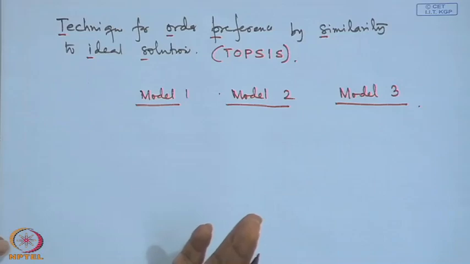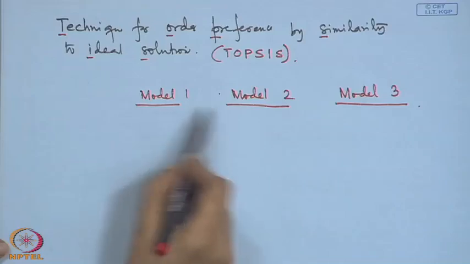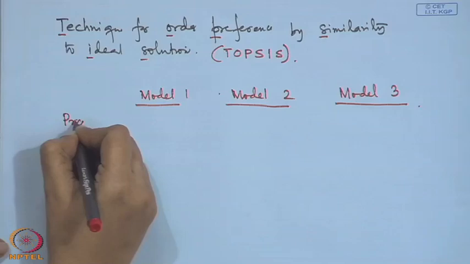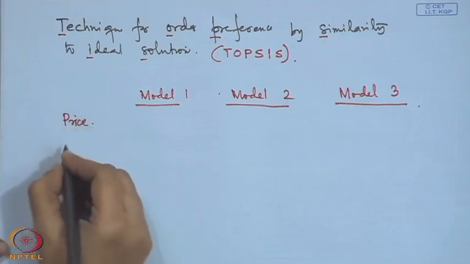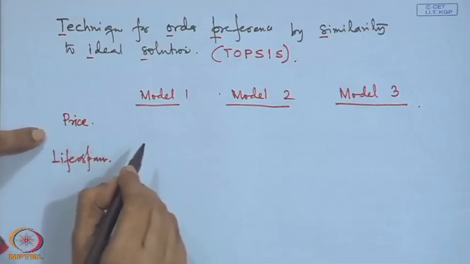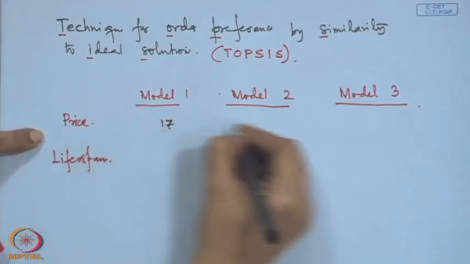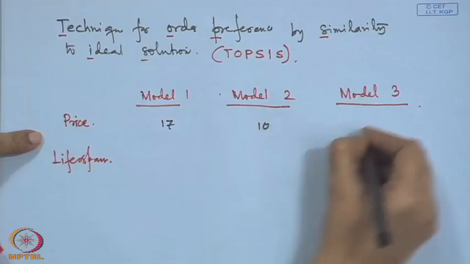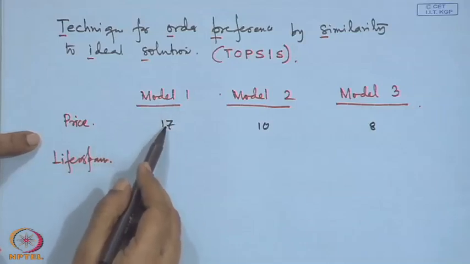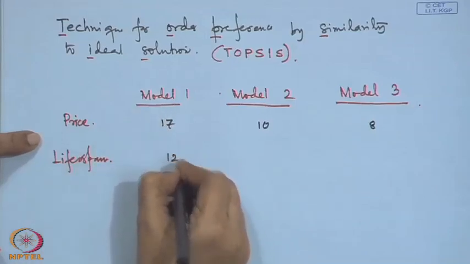We want to buy, say, an electronic instrument, and we have 3 alternative models in front of us, and depending on two criteria, we want to decide which model is preferable to me. Price has been calculated in rupees, say it is 17 units for model 1, model 2 is 10 units and model 3 is 8 units. But since the price of model 1 is very high, the lifespan is also very high.